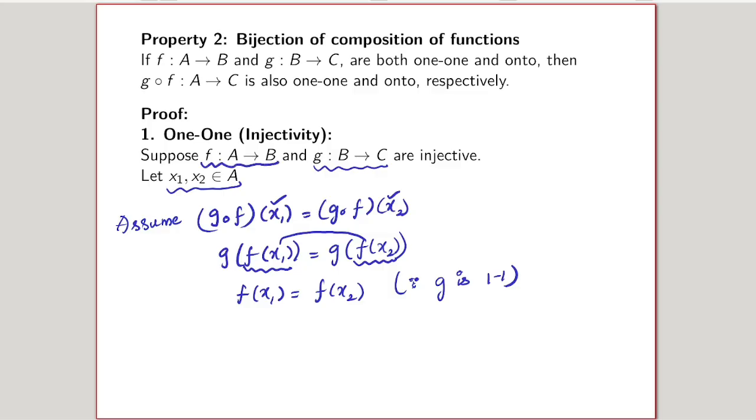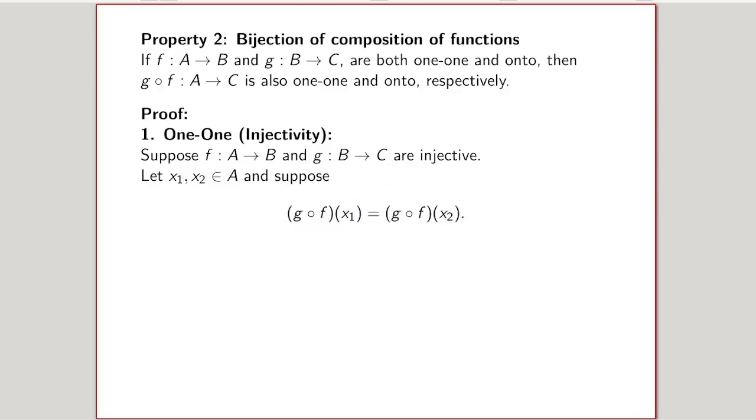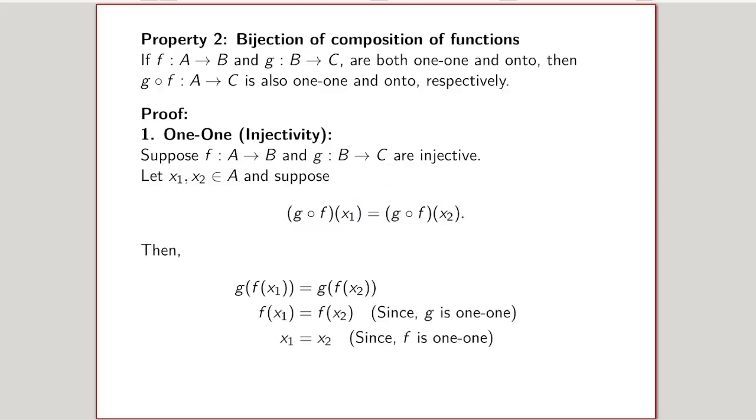So the condition f of x1 equal to f of x2 will imply that x1 is equal to x2. This is because f is 1-1. So we have assumed g composition f of x1 is equal to g composition f of x2, and we have proved x1 is equal to x2. This is the condition for 1-1. So we can conclude g composition f will be a 1-1 map.